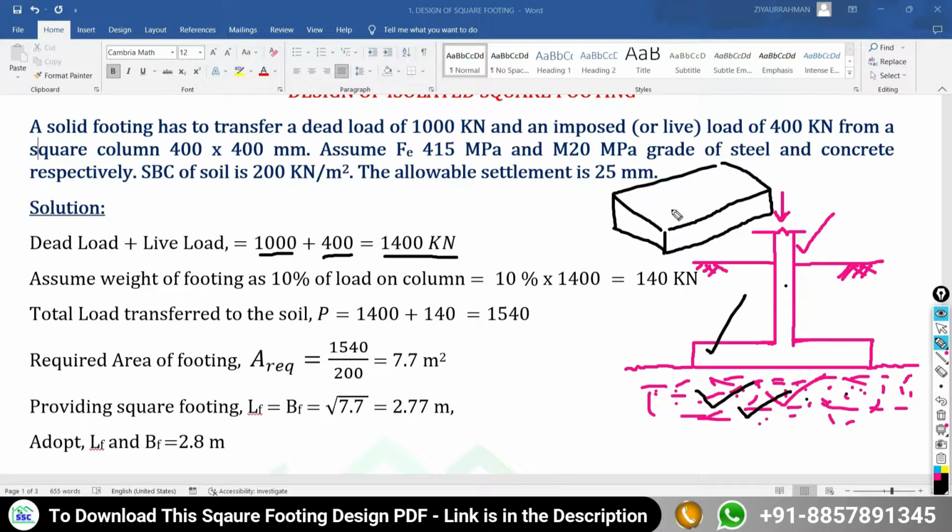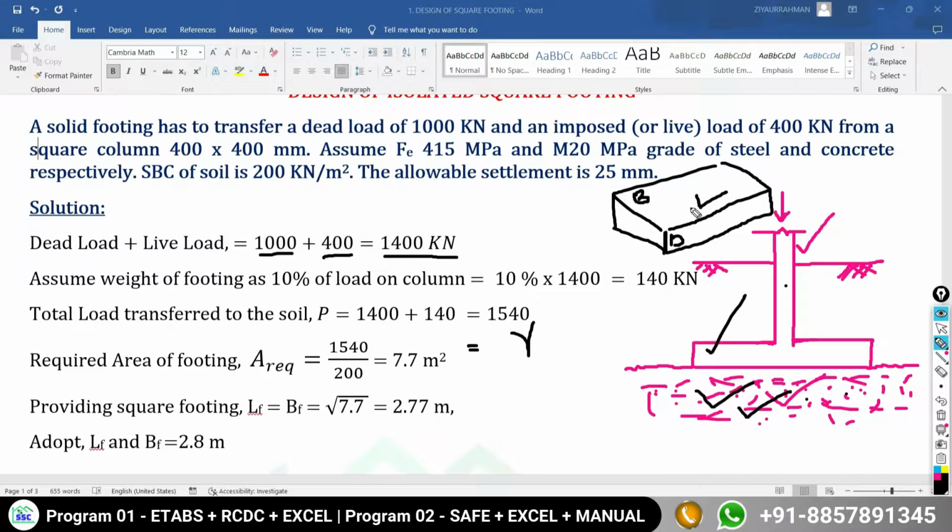So how can you calculate the self weight of this footing slab? For that, we need to know the length, the width and the depth of the footing. Unless you have these three dimensions, you will not be able to calculate the self weight of the footing. To calculate the self weight of this box, you need to know the density of the material.